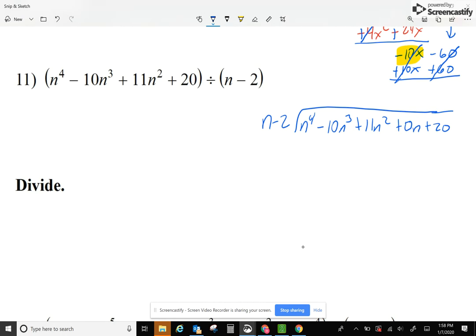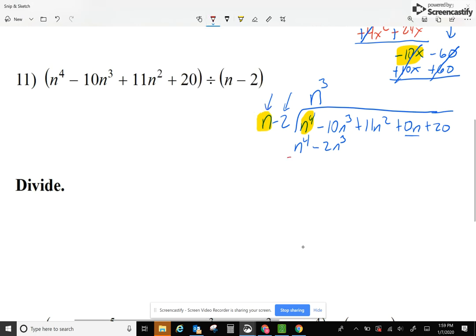That's why I added the 0n, because I could not skip any exponents. Okay, so now let's divide. I'm going to divide the first term on the inside by the first term on the outside. N to the fourth divided by n, that gives me n to the third. Now multiply n to the third to both terms on the outside. So n to the third times n, and n to the third times a negative 2.